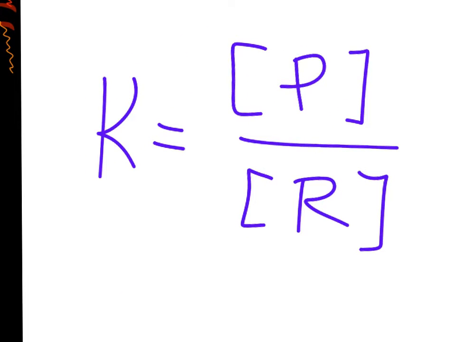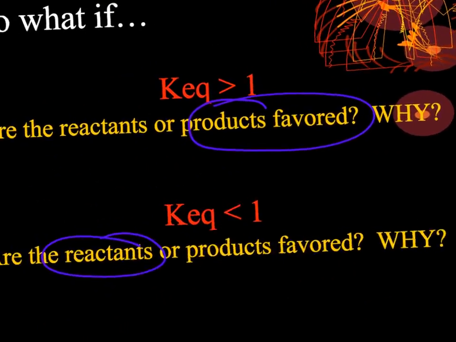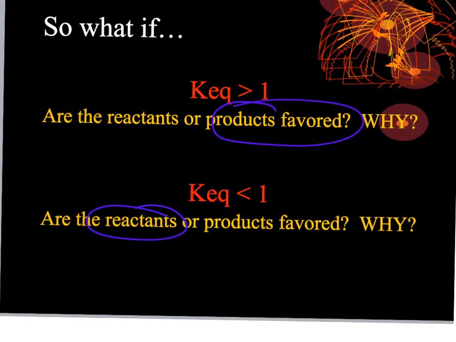If K is products over reactants, and we have something bigger than 1, so let's say my answer is 5, which did that mean you had more of, your products or your reactants? You had more products, therefore products were favored. So is that the forward direction or the reverse direction? Forward. It means the forward one is happening faster. I'm making more product, okay?